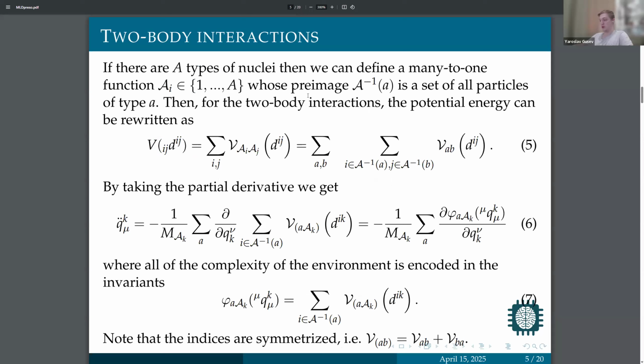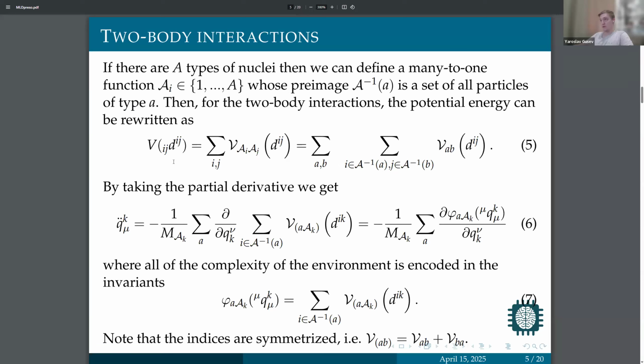So in arbitrary systems, there will be capital A types of nuclei, of particles, and we can define the function A(i) of an index. Given the index of a particle, it maps you to the space of the types of particles. And there is an inverse function that for a certain type gives you the set of all particles of this type.